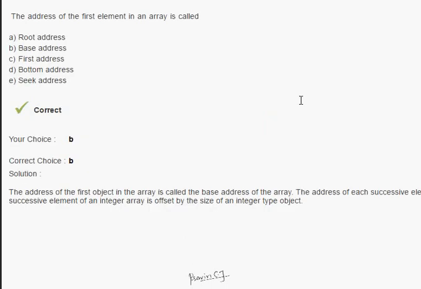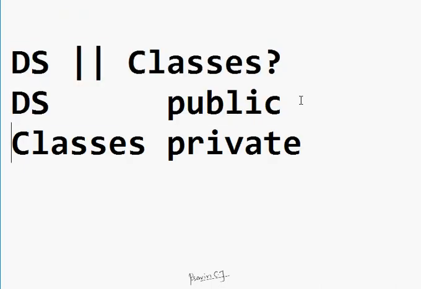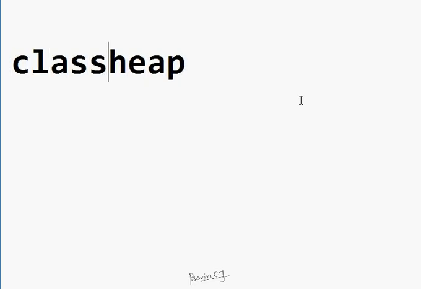The question was the address of the first element of an array is the base address. If you asked about the first address of a class, then I cannot say, because it is a reference. It is always a reference, and remember that it is stored in the heap memory. Classes are stored in the heap memory, and a data structure is implemented by a stack.